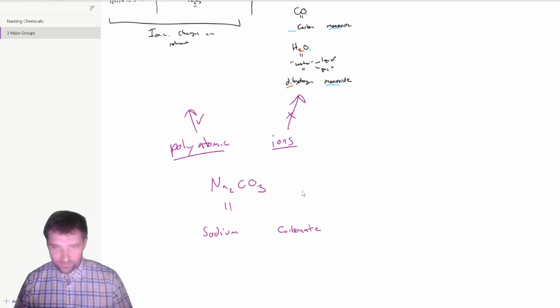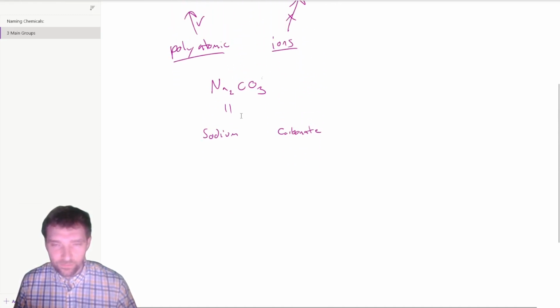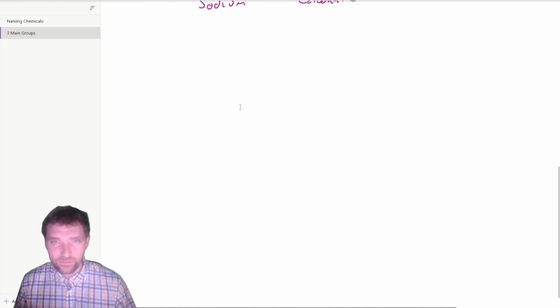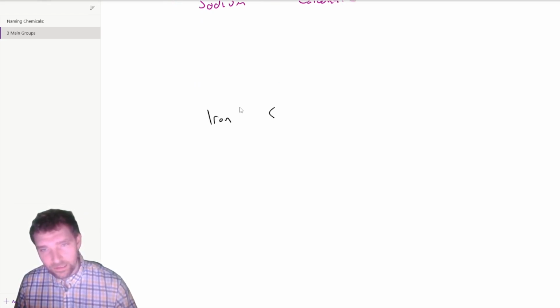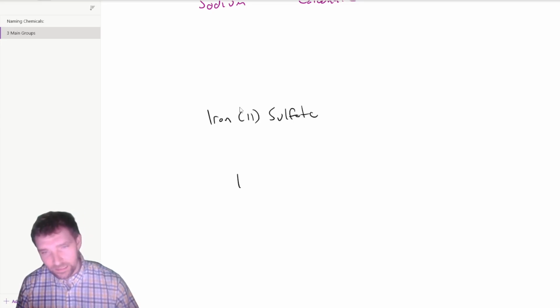So if you have a name, then you can also similarly get the formula just from the name. So if I gave you something like iron(II) sulfate, then we can get something like that.